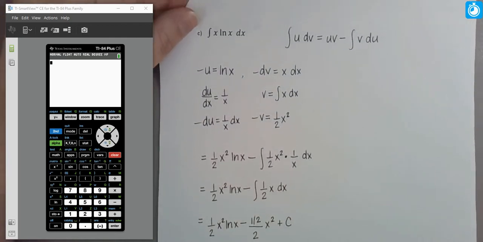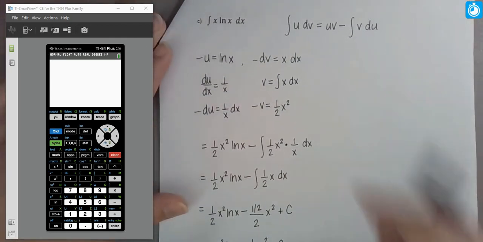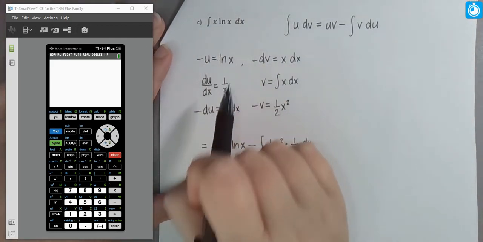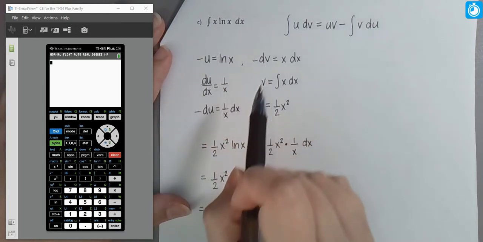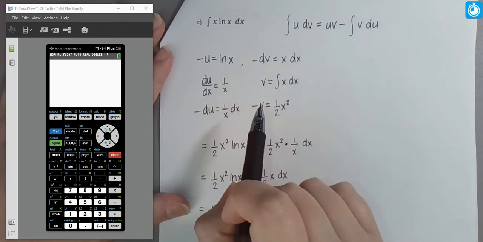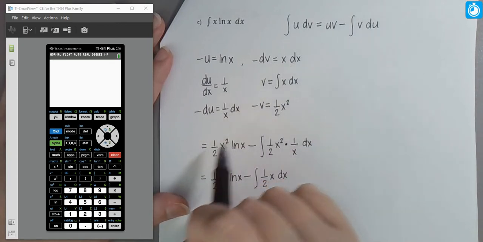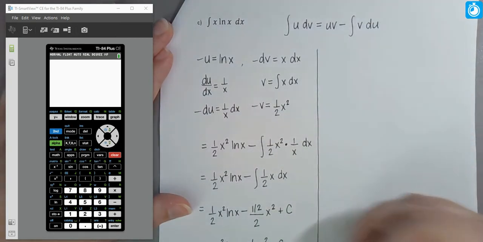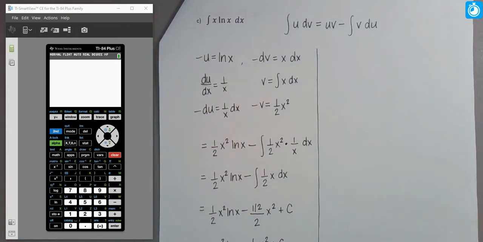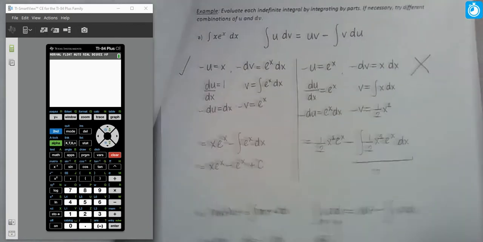And again, notice the choice we made was dependent on finding something that we could differentiate. Natural log of x could be differentiated, as well as something we could integrate. x dx was something we can integrate. Now, just for the sake of showing you what would have happened had we attempted a similar strategy to the one we had on the previous example, what if we picked a different value for u and dv, just to see what happens?